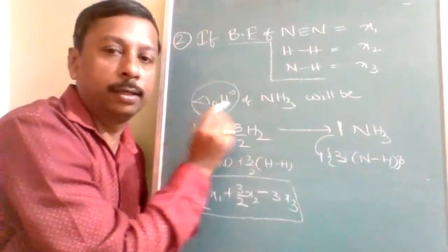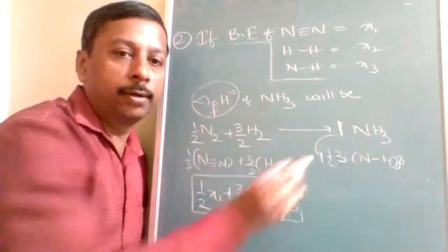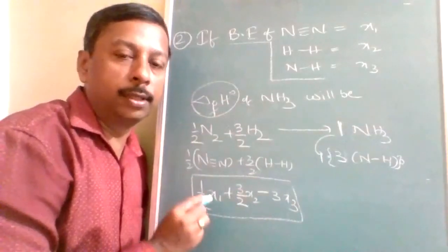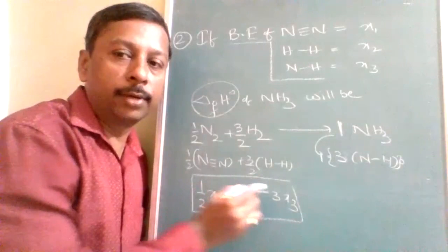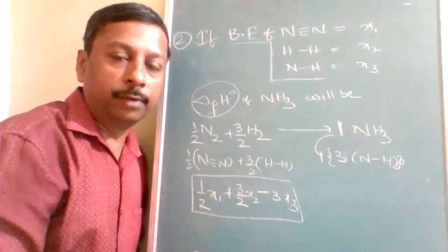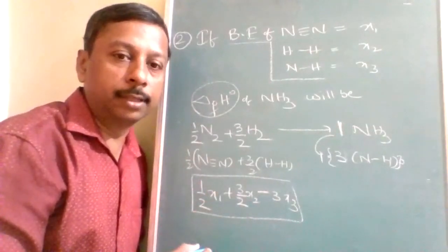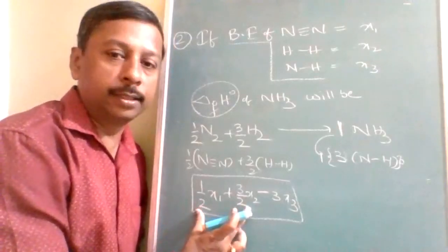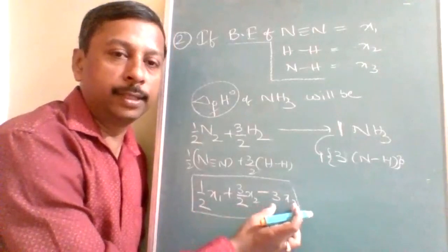For formation, you have to form the equation according to the rules, and write the bonds broken and bonds formed. Product will be bonds formed and reactant bonds will be broken. For breaking, this much energy is required, while forming, this much energy is released.